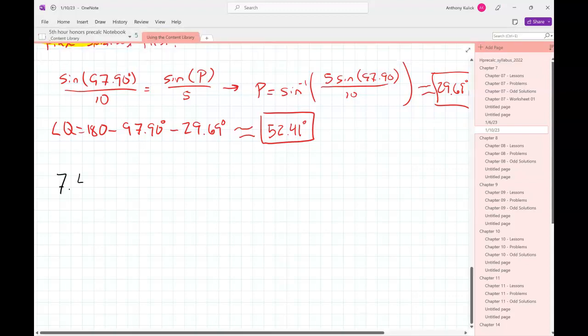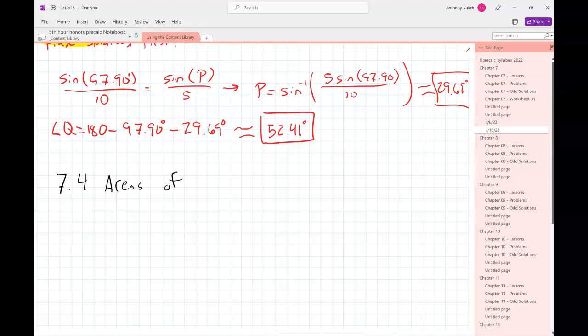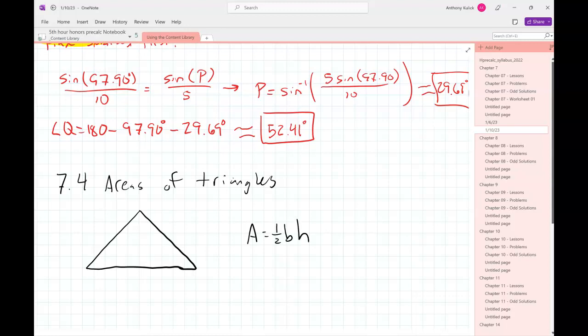7.4 is just about the areas of triangles. So if we go back to geometry, what's the area for a triangle? The formula for the area of a triangle? 1/2 base times height. Great.